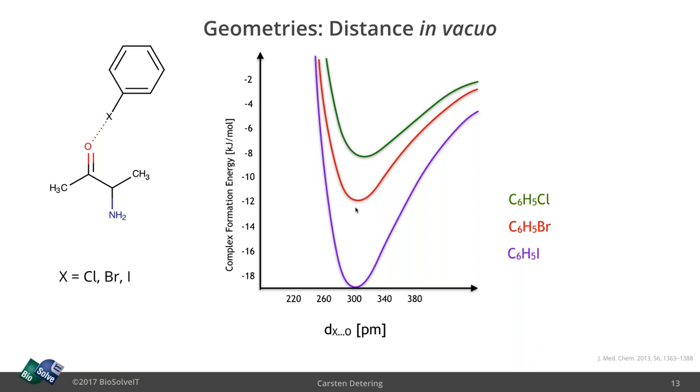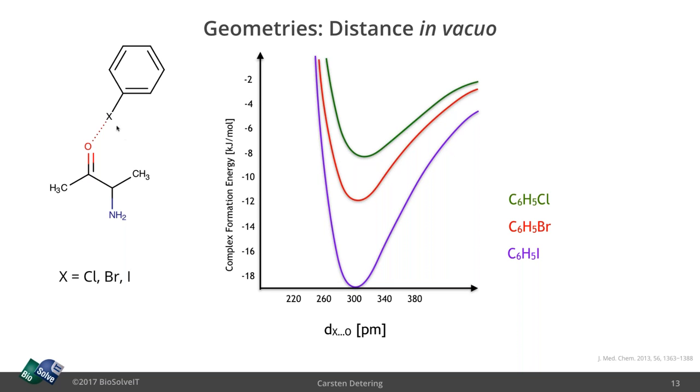By the way, this is a cartoon from the paper here that I drew. But it shows that the larger the halogen atom gets, the more pronounced the complex formation energy is. However, this was done in vacuum, as the headline here says. So once you put this in water, due to the quenching effect, the complex formation energy will diminish significantly.